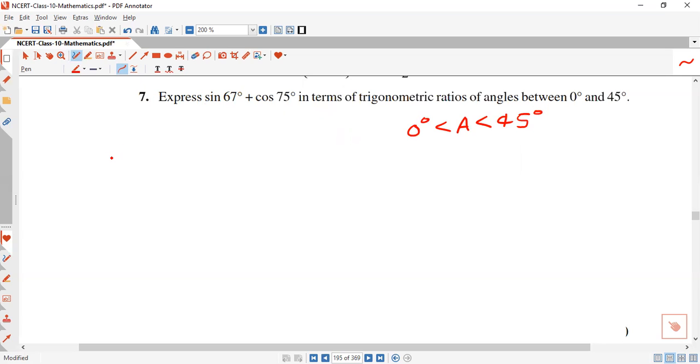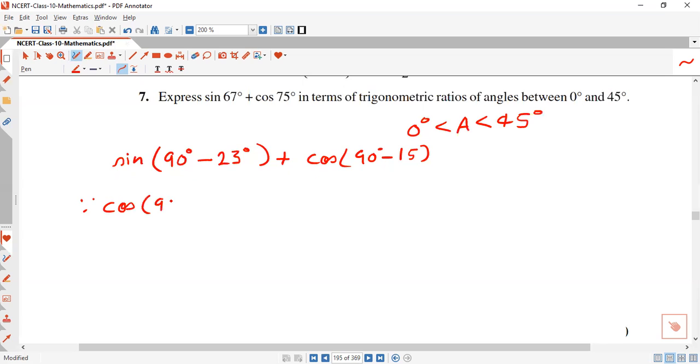Sine 67 degrees can be written as sine of 90 degrees minus 23 degrees, plus cos 75 degrees can be written as cos of 90 degrees minus 15 degrees. Since we know cos of 90 minus A equals sine A, and sine of 90 degrees minus A equals cos A, if A is an acute angle.